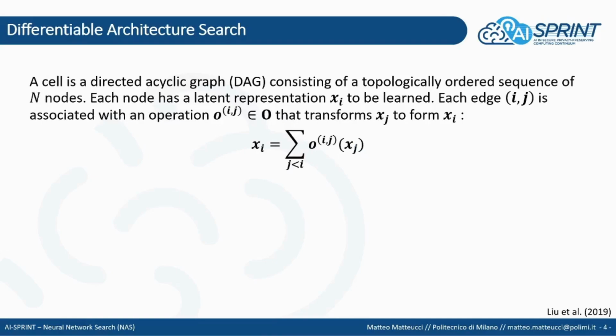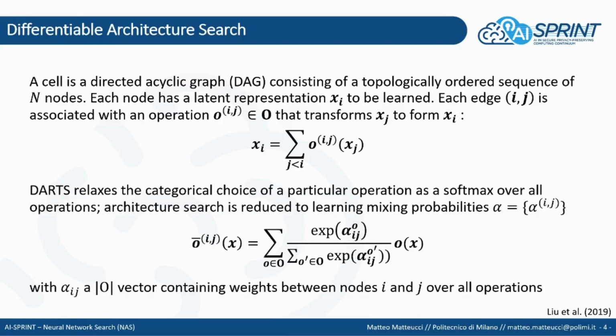You can imagine that a cell, in this case, is represented by a directed acyclic graph with a topologically ordered sequence of nodes. Each node has some representation to be learned, and each edge between these nodes is associated with an operation that transforms the input into the output. Now, DARTS relaxes the categorical choice of which operation has to be performed with a softmax, so a classification, over all possible operations.